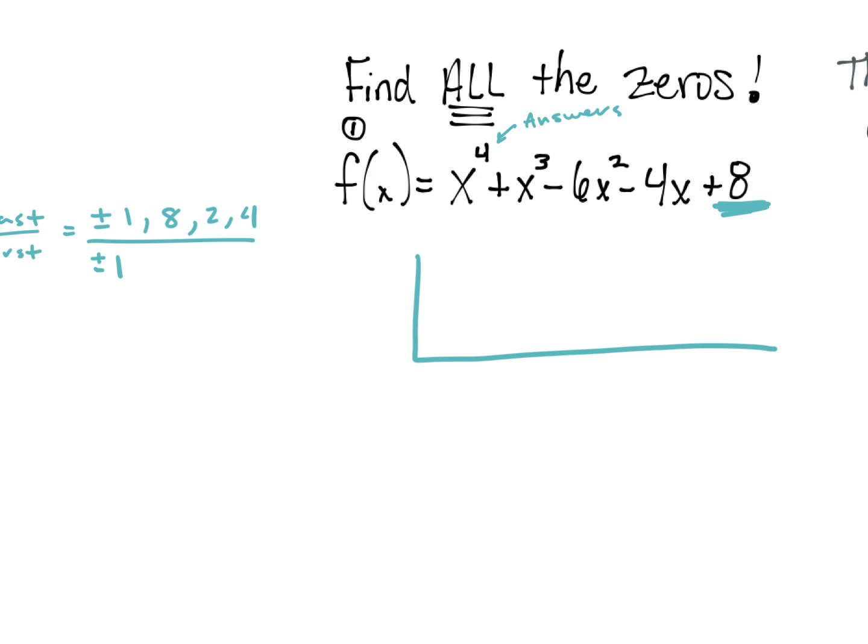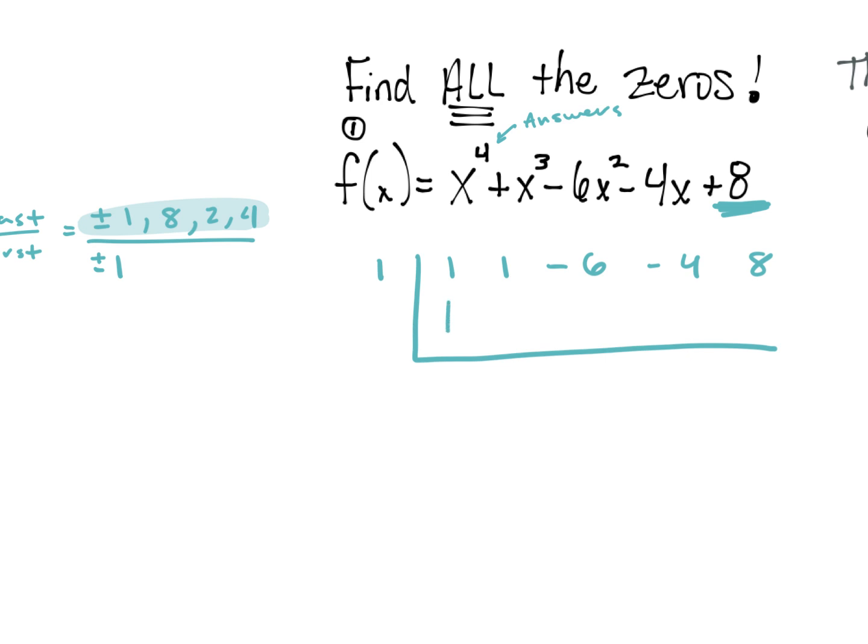What's going to go inside the box? 1, 1, -6, -4, and 8. So our coefficients go inside the box. We're not missing anything here, so we don't need to put any zeros. What do you want to test first? Sure, we can test 1. We want to test any of these possibilities.